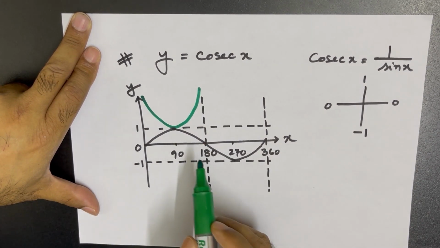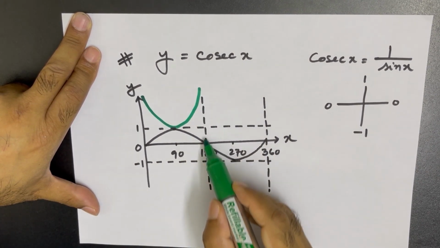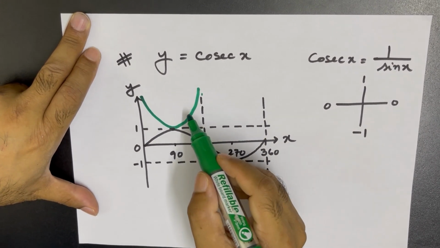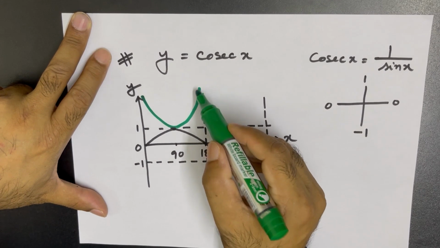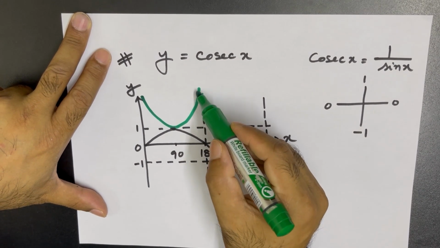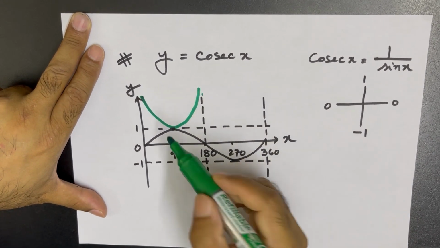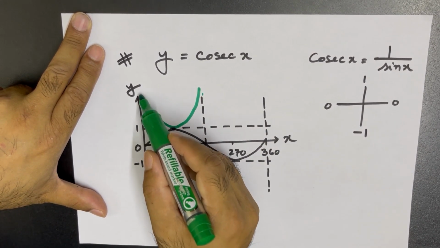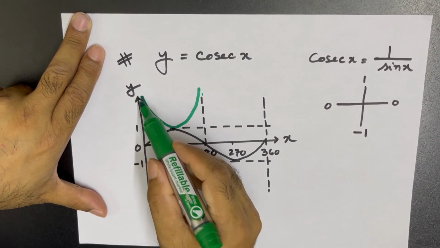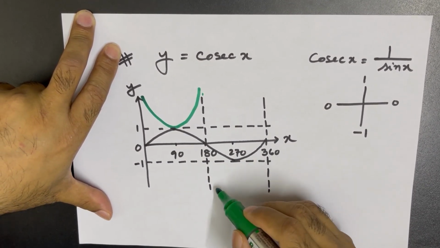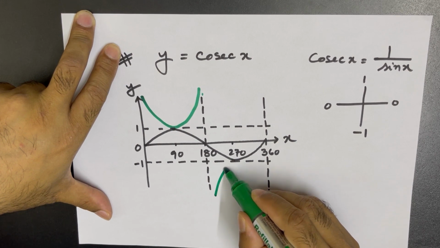You see here, at 180 there is an asymptote. Asymptote means the graph will never touch or cross it; it gets closer and closer, but it will never touch. The same thing will happen here. And another part of this graph is from here to here.